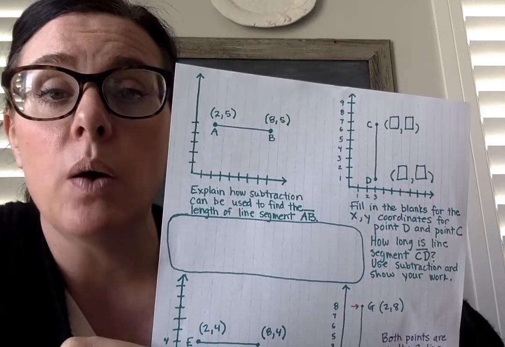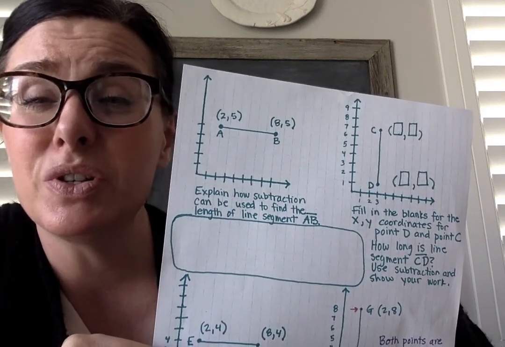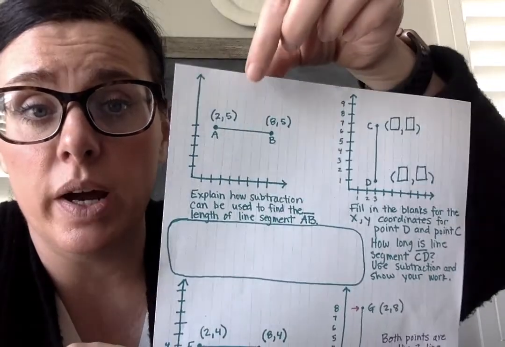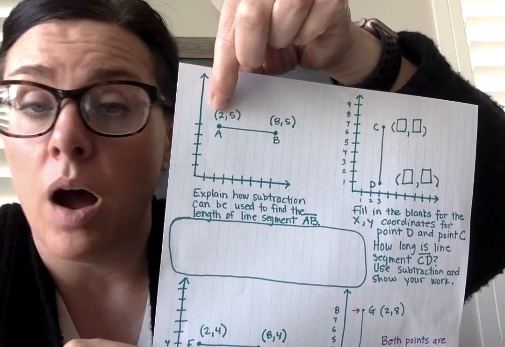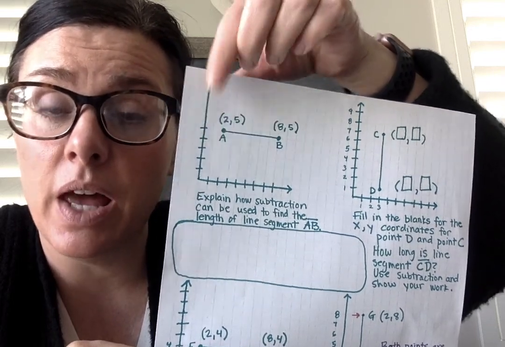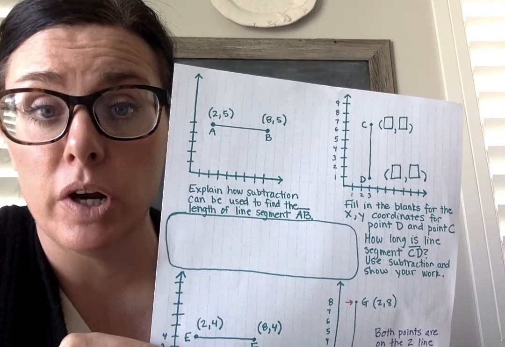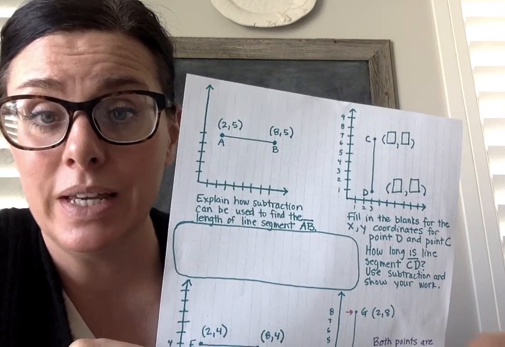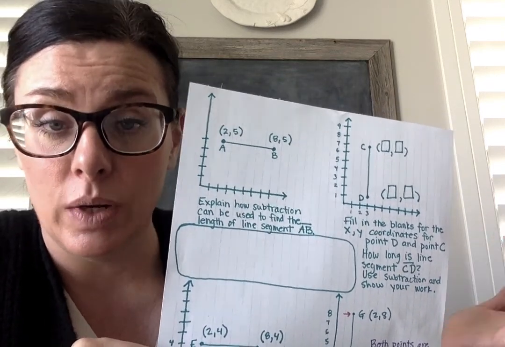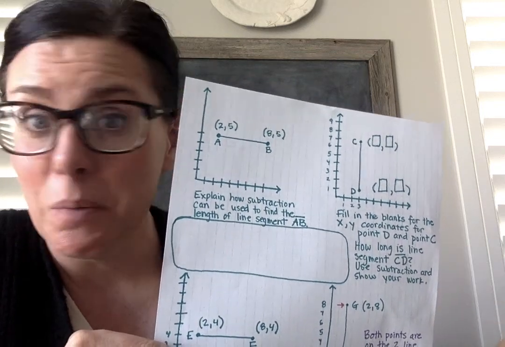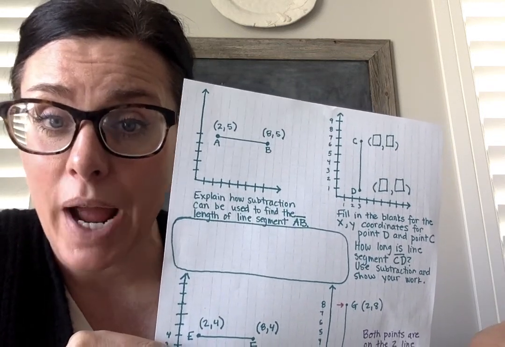The two numbers that we are going to use are the numbers that are different, okay? So on here we've got an 8 and a 2. And all we need to do to find the distance of this line is subtract the smaller number from the larger number. So 8 minus 2 is 6. So the length of our line is 6 units. That's what we counted, so we know that we're right.